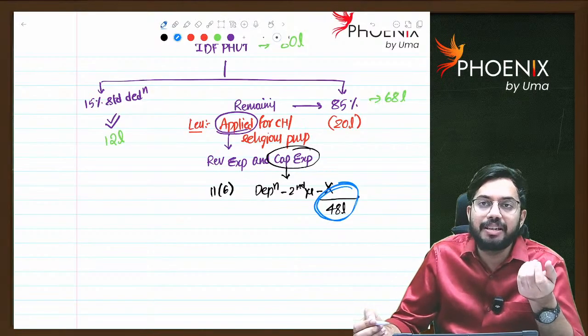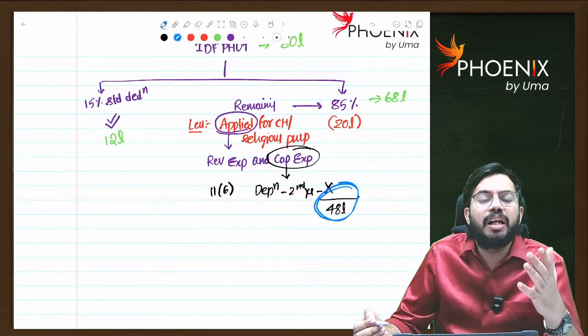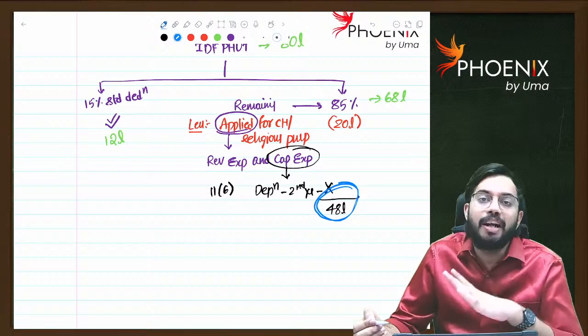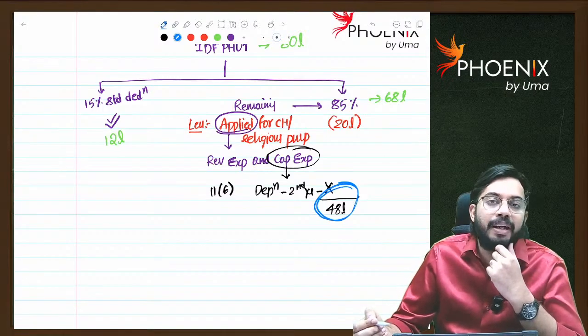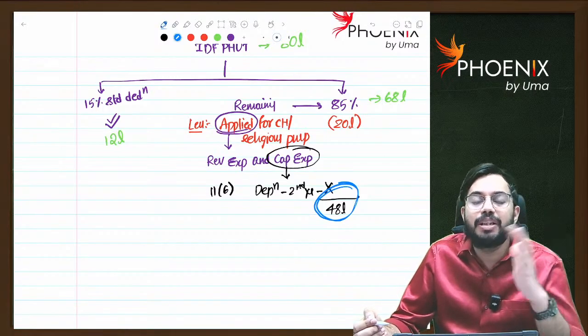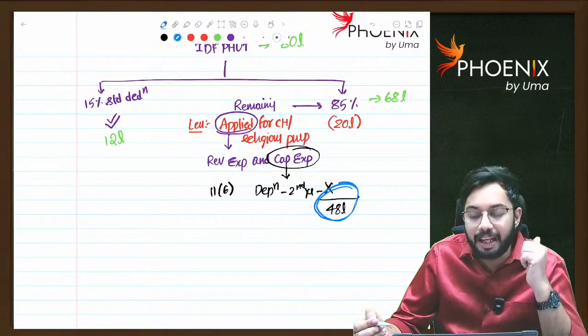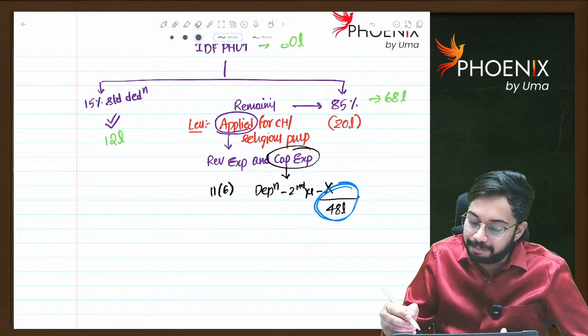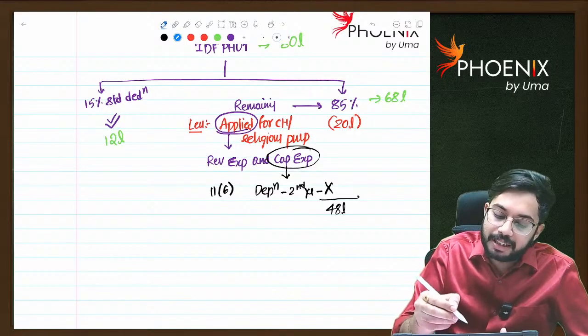Now the next point is, sir, is there any way that we can reduce this 48 lakhs also? Here we need to pay tax on 48 lakhs. Can we reduce our income? Is there any possibility? Yes, there is a possibility. What is that possibility?